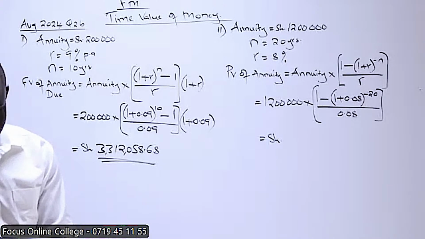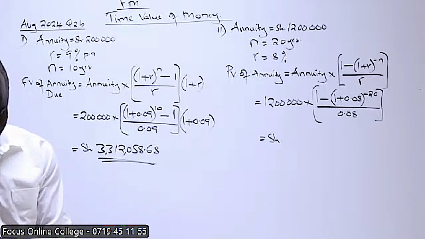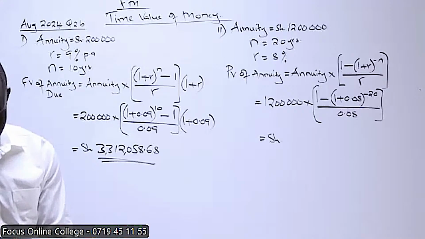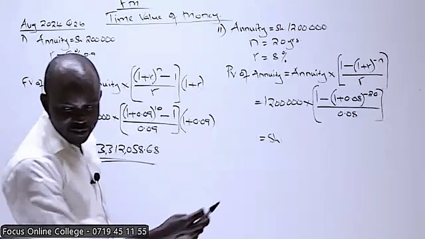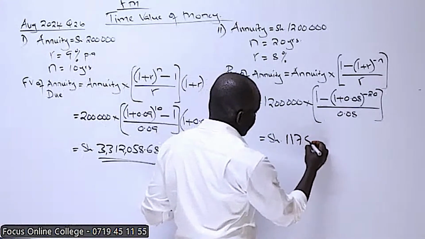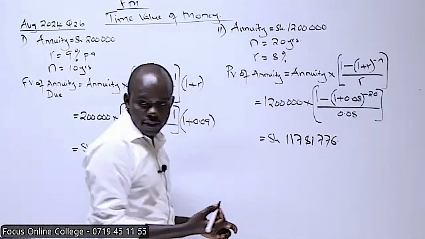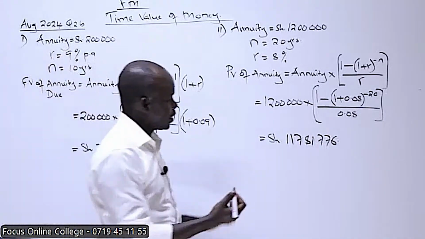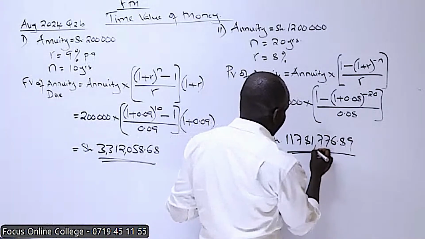I'm waiting for the answer. Hilda? Eleven 781 720. Eleven 781 776 point 89. Let's say 89.